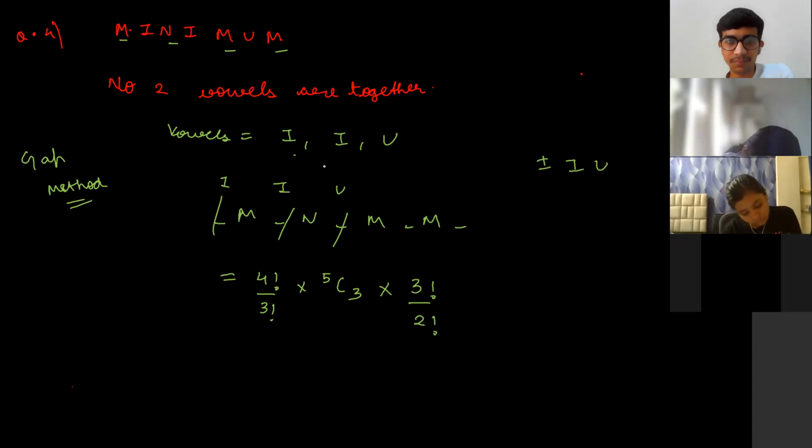Yes. How many total number of letters are there? 7. 7 factorial are the total number of cases possible. Right. Like letters कितने हैं? M के 3 like letters हैं. So you divide by 3 factorial. Similarly, I के कितने like letters हैं? 2. Into 2 factorial. Yeah, that's all.